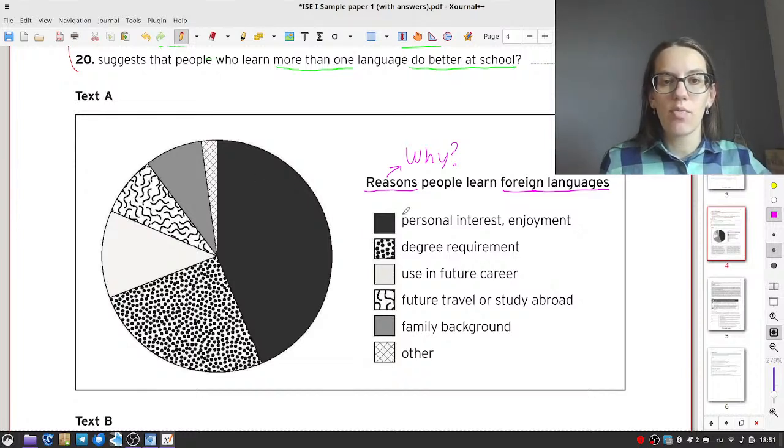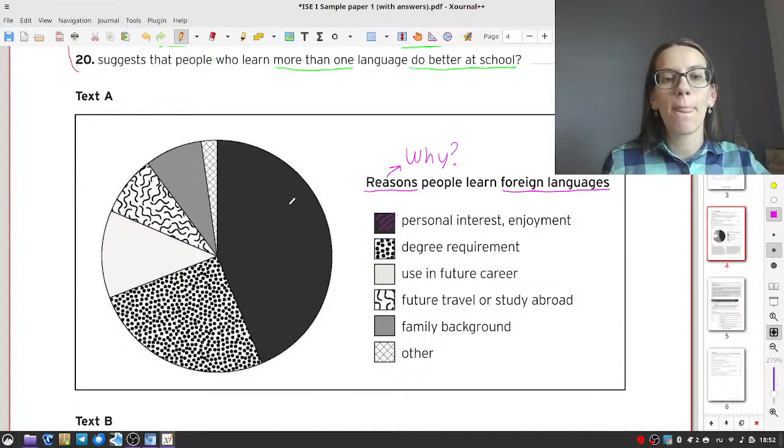So here we have this code. It's all in black and white, but it's clearly very different patterns. So this black square, personal interest or enjoyment. It means that the reason why people learn foreign languages is just for personal interest or because they enjoy it.